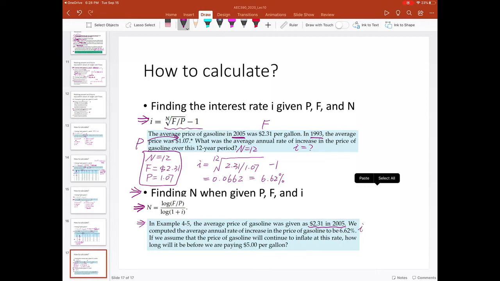So that's your I. If we assume that the price of gasoline will continue to inflate at this rate, how long will it be before we are paying $5 per gallon? Okay, so continue to inflate, which means this $5 per gallon will be your future value. So that makes us think this 2.31 will be the present value.